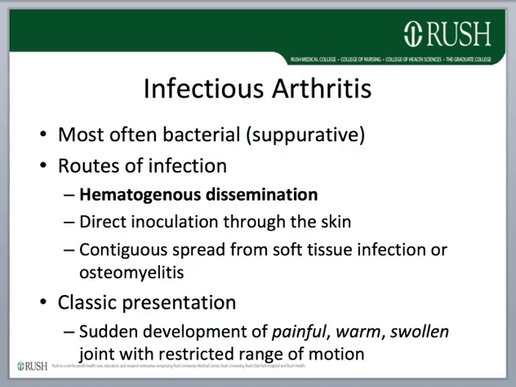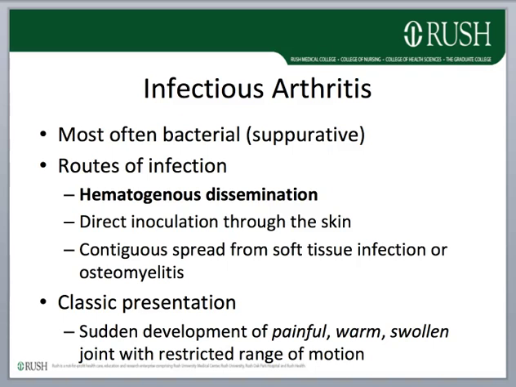The last arthritis I'll discuss is infectious arthritis. Most often these are bacterial, so this is known as suppurative arthritis. Note that other types of organisms can also cause infectious arthritis, including viral, mycobacterial, spirochetal, and fungal.